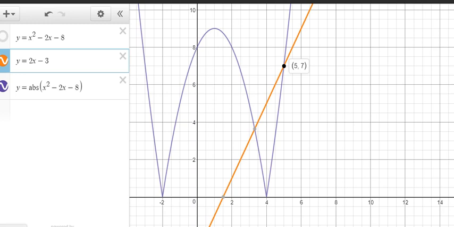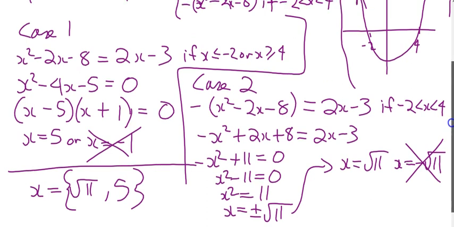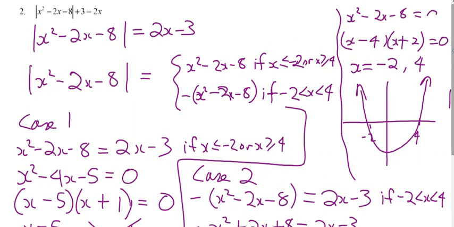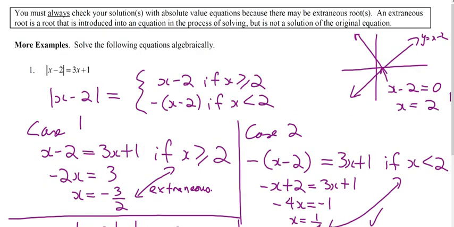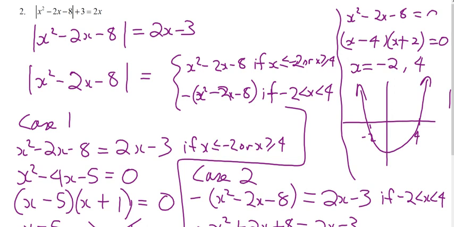Algebraically, we have to verify algebraically. Now, did it say to by any chance? Any instructions? Got to go back. Look at the general instructions: solve the following equations algebraically. Well, you know what? It's not going to kill us too badly.